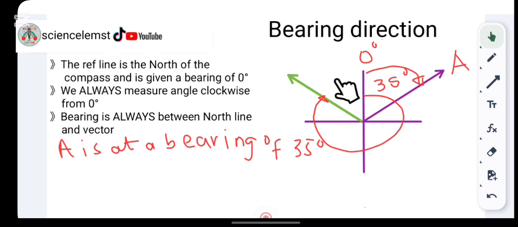But if the angle is given here, it is then excluded from the arc. So when I have the angle included, I add it to what? To the last big angle that I passed. And if the angle is excluded, I minus it from the big angle that is to come. It will make sense when we do the examples.